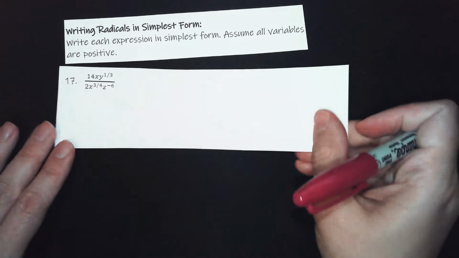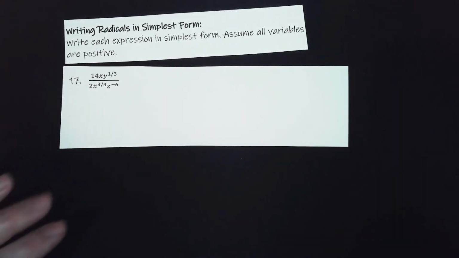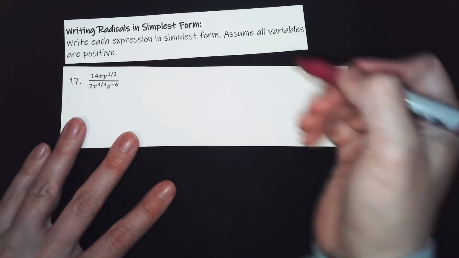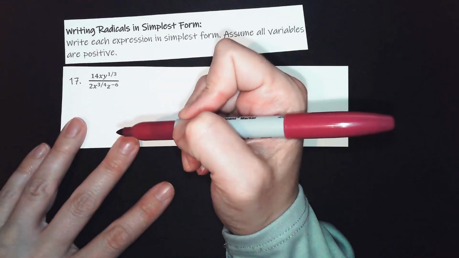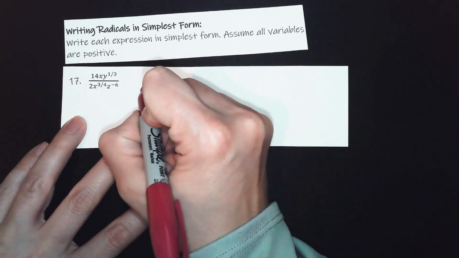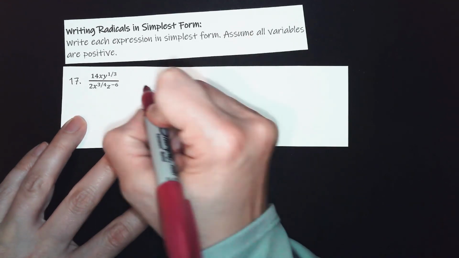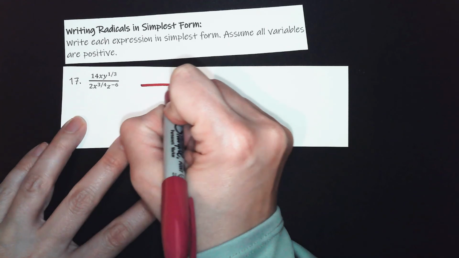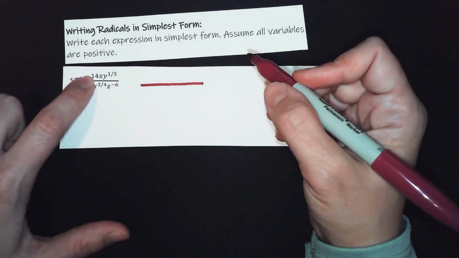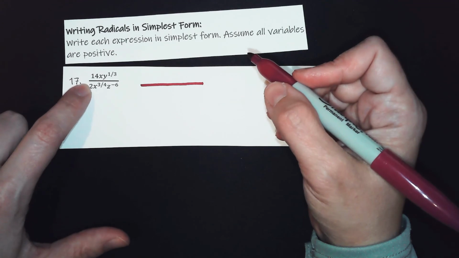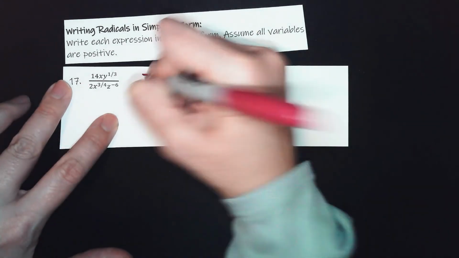Okay, number 17. We want to simplify this as much as we can. Well, I can simplify the numbers to start with. So I'm just going to write my fraction here. We may or may not need it, but that way I can simplify things. The bigger number's on the top, so 14 divided by 2 is 7, so the 7 has to go on the top.